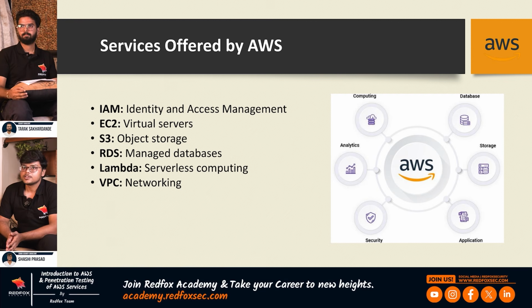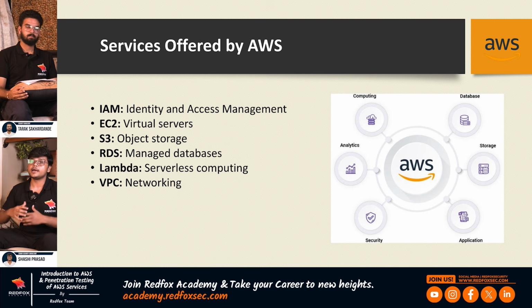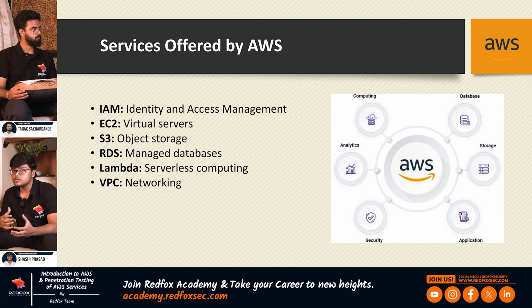Yep. And then we have another service, which is Lambda. Lambda is the serverless computing service offered by AWS. So let's suppose you want to automate some things in the infrastructure. You can do that with Lambda. Lambda is like a small piece of code running on AWS infrastructure. That's why we say serverless computing, because you don't have to worry about the infrastructure.